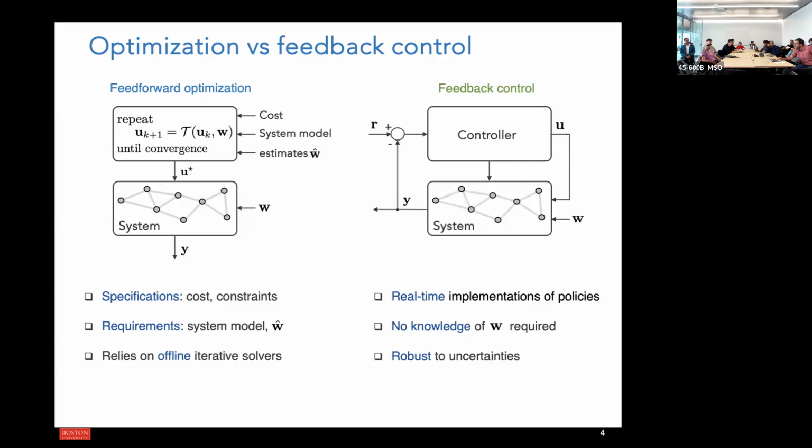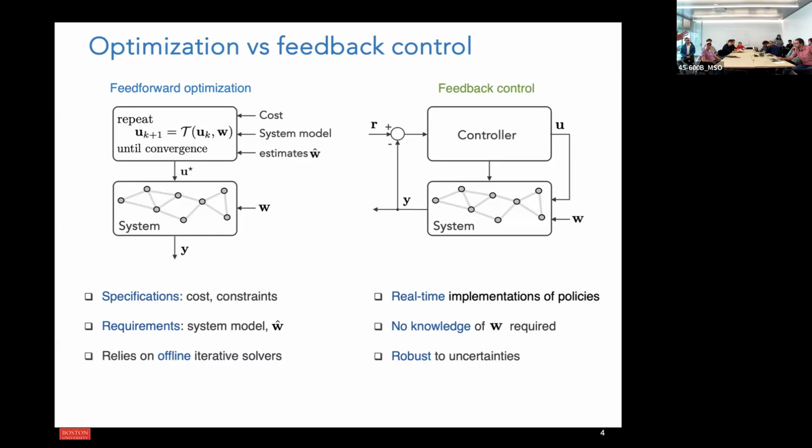On the other hand, feedback control allows me to have real-time implementation of policies that, given a reference point, will drive the output of my system to this particular reference point in spite of fast-acting or uncertain disturbances.